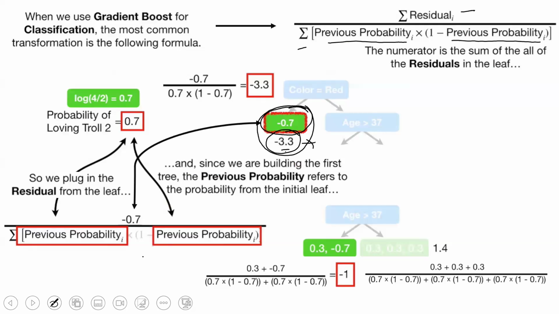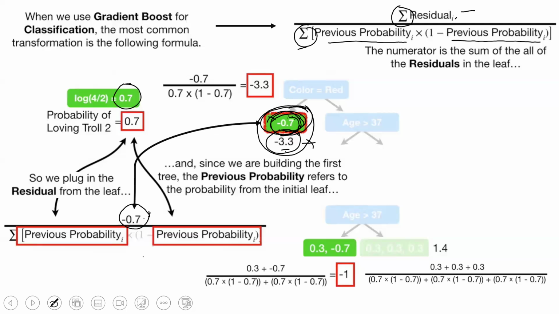This minus 0.7 is the residual. Residuals are nothing but the differences from the probabilities we predicted, right? So the residual is minus 0.7. As we have only one residual, there won't be any summation, since we have only one single sample. For this sample, what is the previous probability?